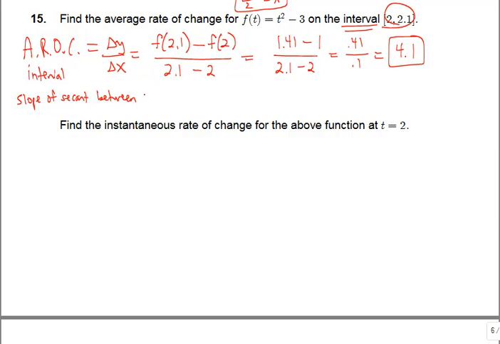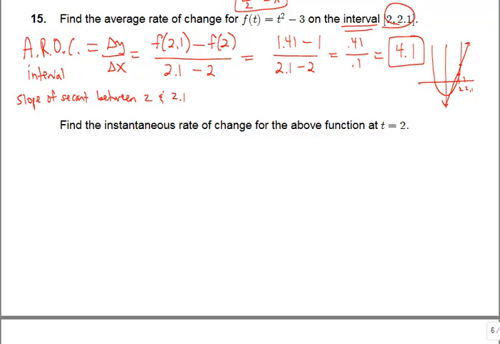So in this case, that would be between 2 and 2.1. Okay, so if we were to draw a graph of this parabola, it's a parabola that's been shifted down 3 units, then we would have something like here's 2 and maybe here's 2.1. The line between those two, the slope of that line is exactly what we just calculated, this average rate of change.